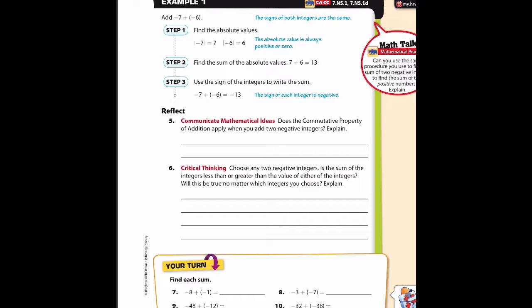For example, is -7 plus -6 the same thing as -6 plus -7? Is that true? Okay, let me know. So this is another question that you have to answer.